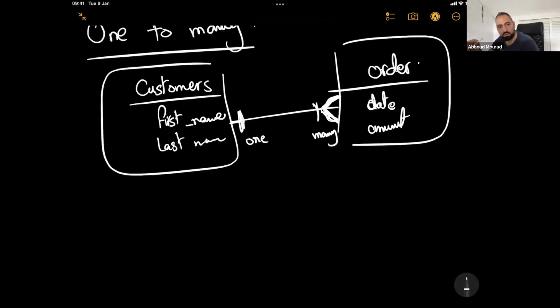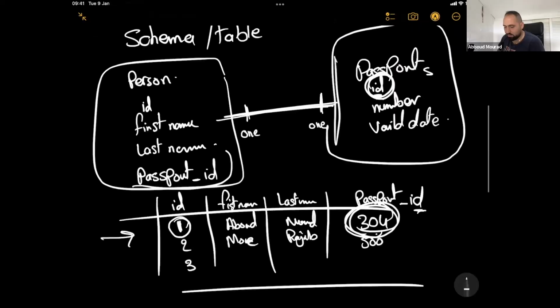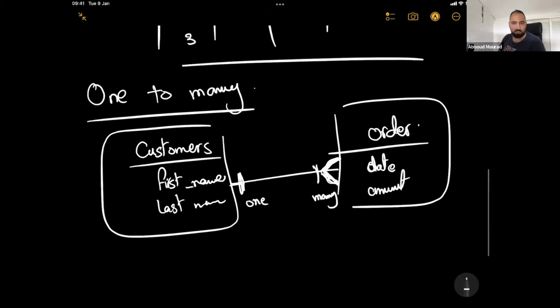We have seen that if you want to have the relationship, one of the IDs is going to be saved in the record in another table. This is what happened here: the passport ID is saved from the passport to that person. In this situation, which ID is supposed to be saved on the other? Here, you are going to relate the ID of the customer in the order. Why?